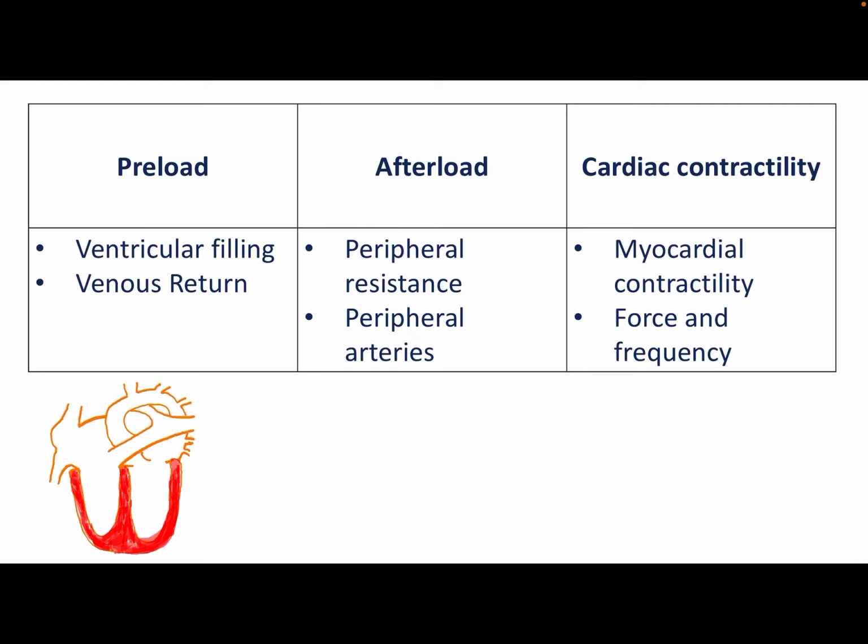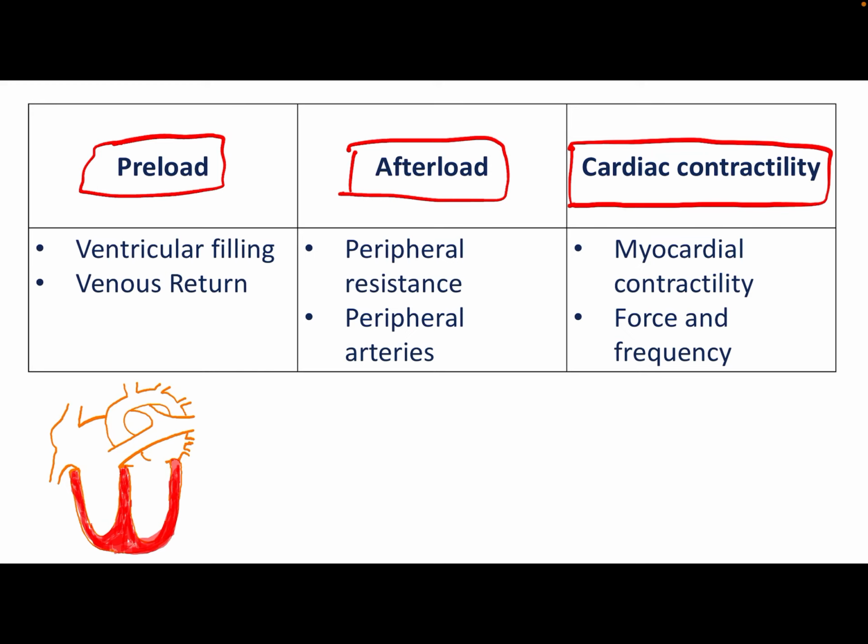Now cardiac output regulation or control. Here three important factors are preload, afterload, and cardiac contractility. What is preload? It is the load or pressure acting on a muscle before it starts contraction. What is afterload? It is the load acting on a muscle after the muscle starts contraction. So here, preload: this is the superior vena cava and inferior vena cava.